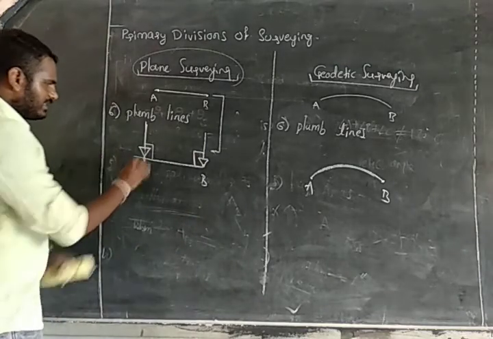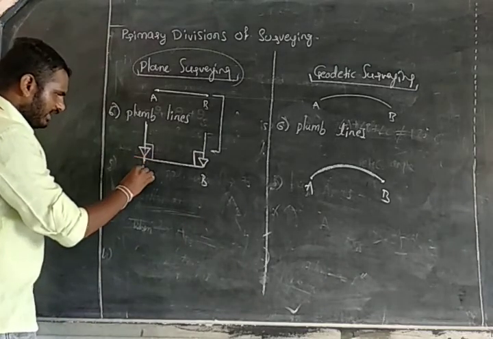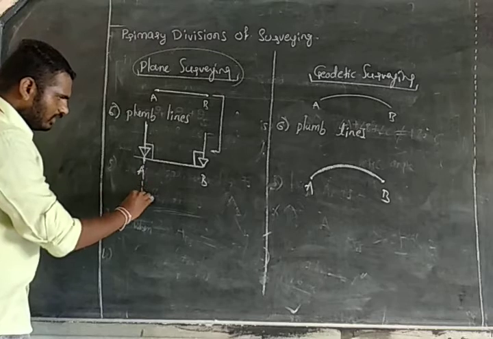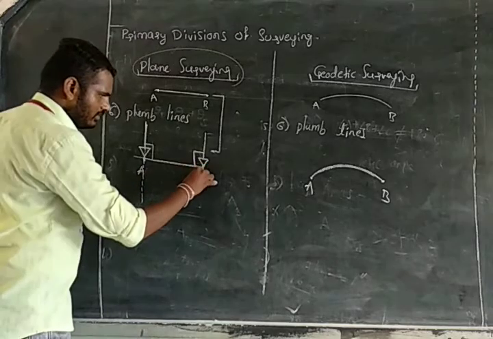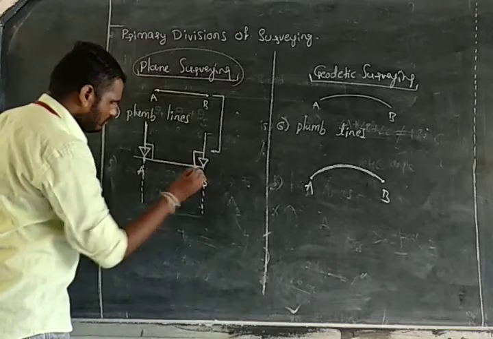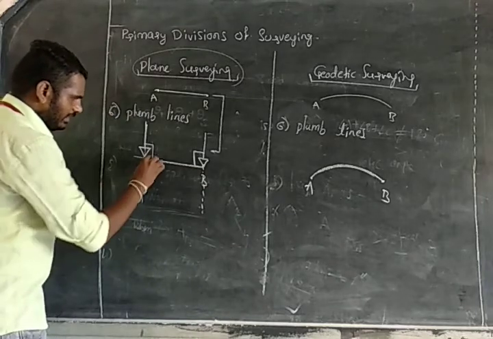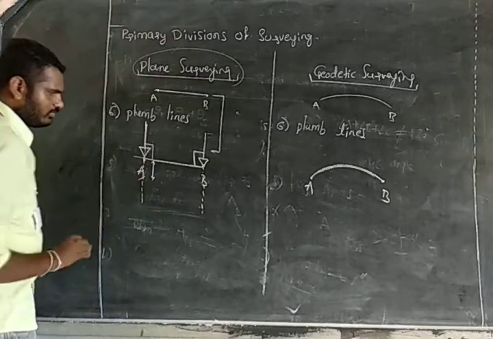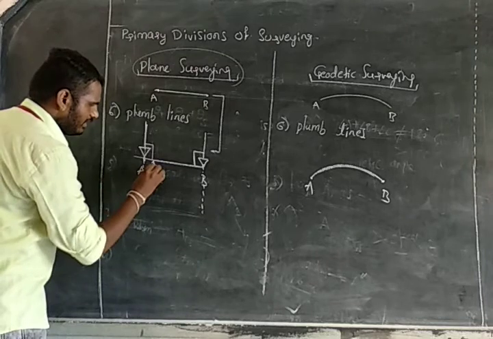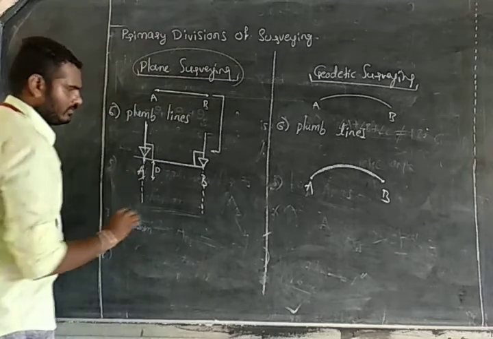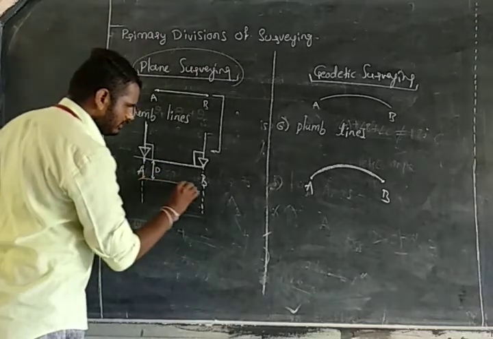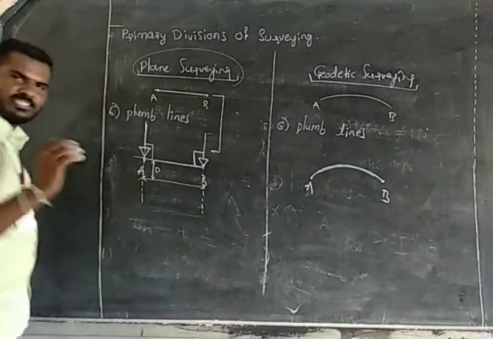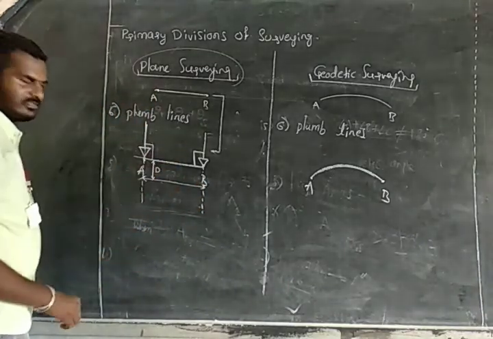If you extend the action of this line into the ground, they do not meet at any position. At some depth D from the ground surface, the distance between A and B would be the same, the plumb line distance.